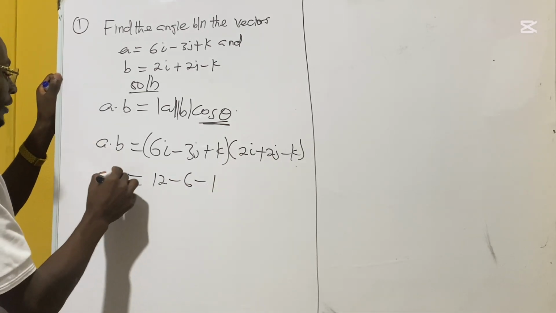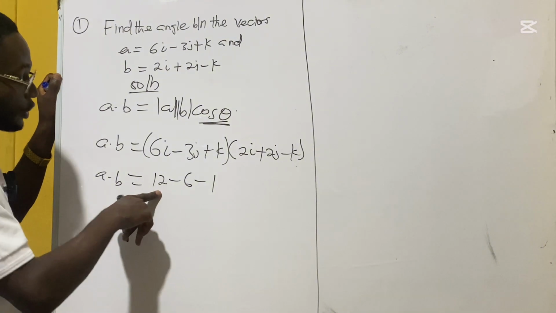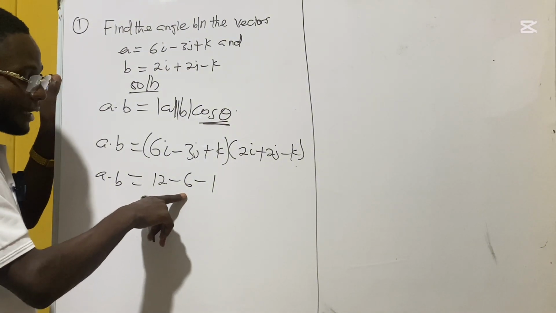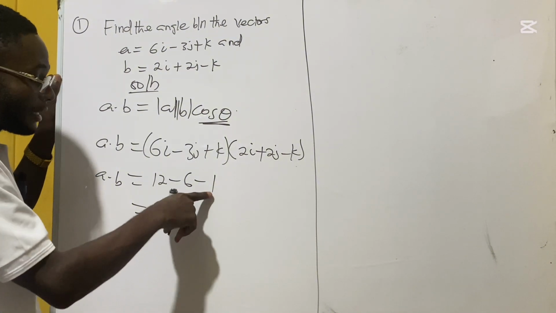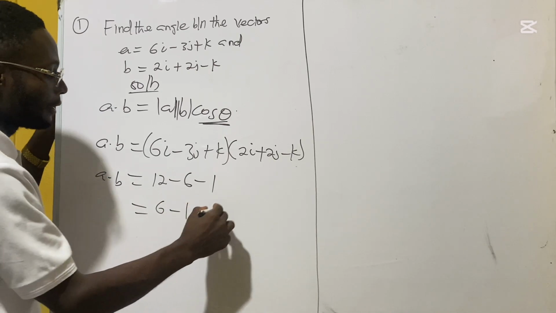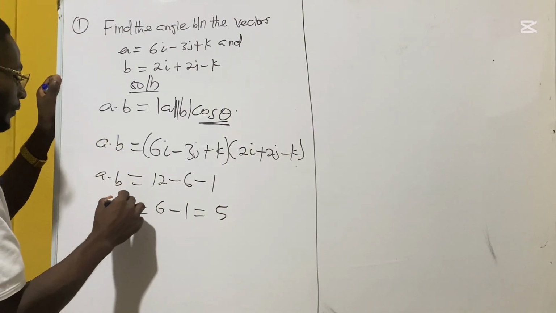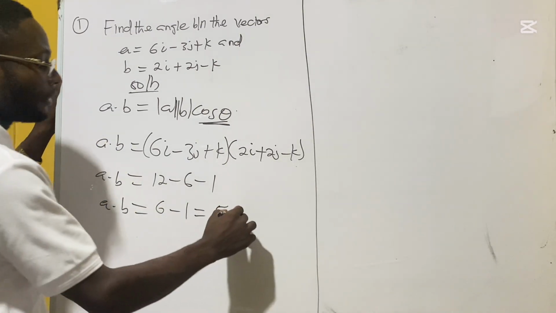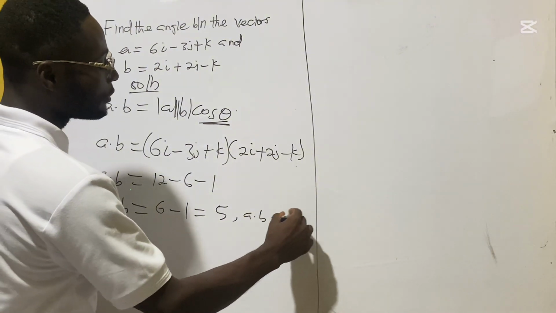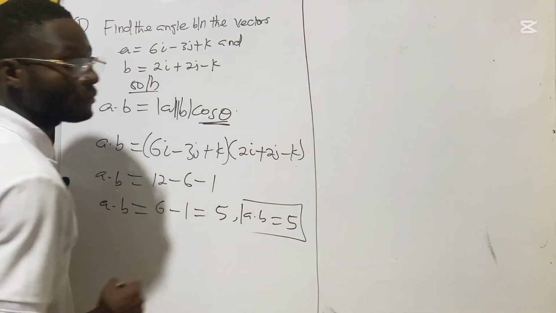So A dot B equals 12 minus 6 becomes 6, minus 1, and that is basically 5. So A dot B is equal to 5.